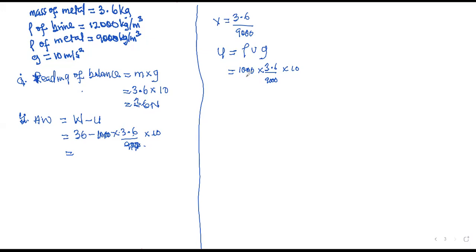Let's calculate the upthrust well. Upthrust in water: density of water, which is 1,000, times the volume of water displaced. Oh, okay, I get what you are saying.